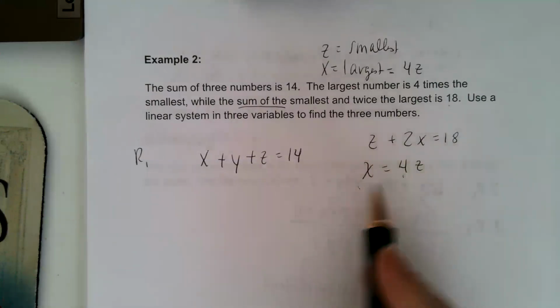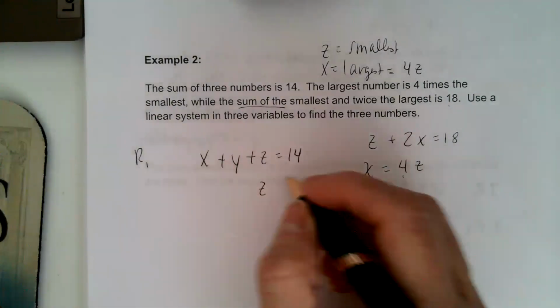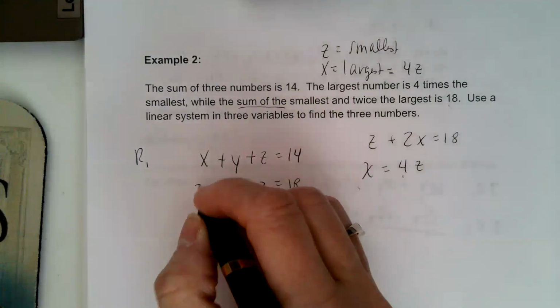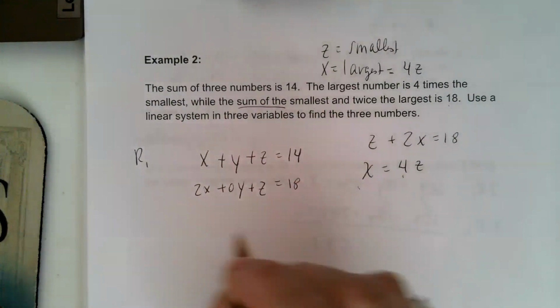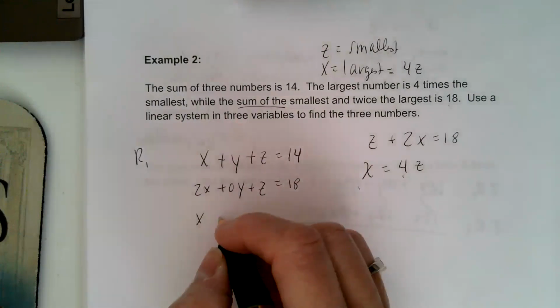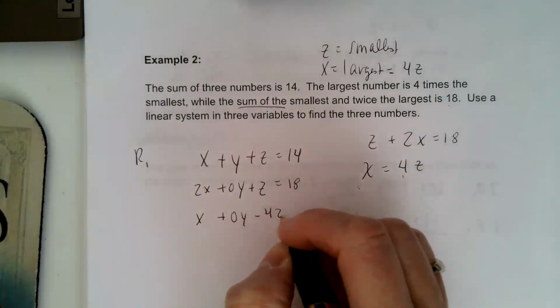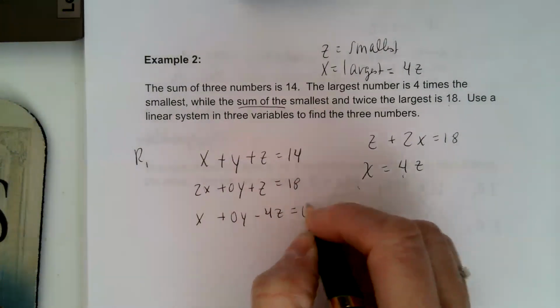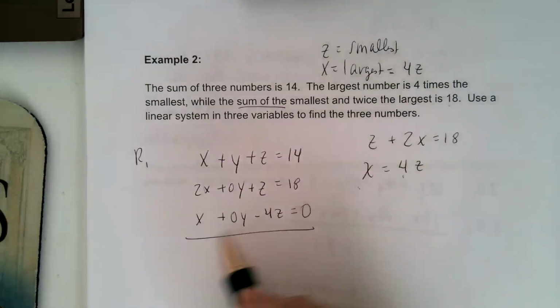Let's write this without y in there: 2x plus 0y plus z equals 18, and x plus 0y minus 4z equals 0.